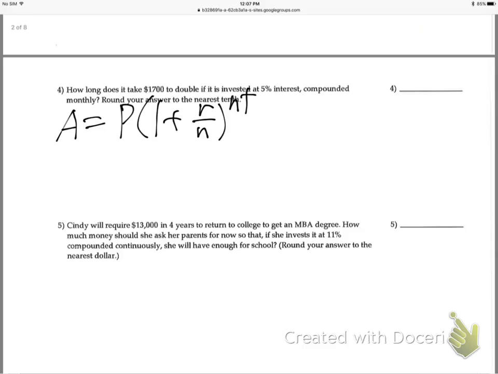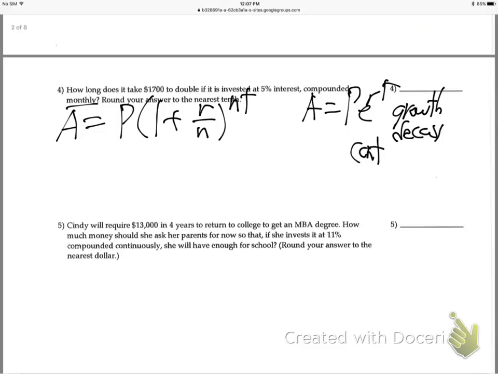But it's not continuous compounding, it's compounded monthly. So we use this formula. PERT is for growth and decay and continuous compounding. That's when we use PERT.